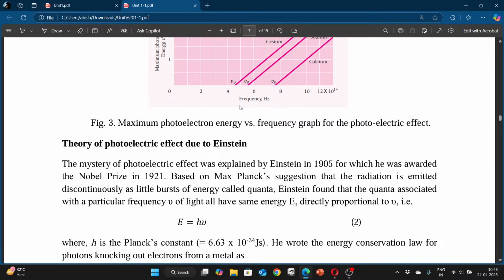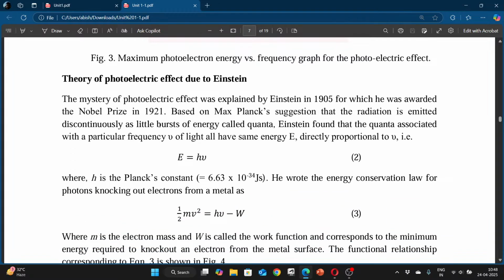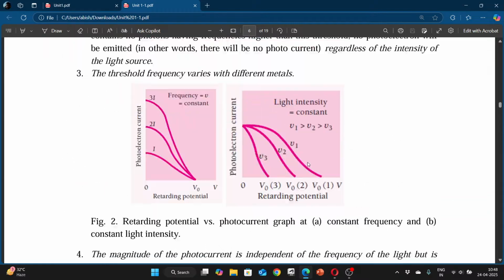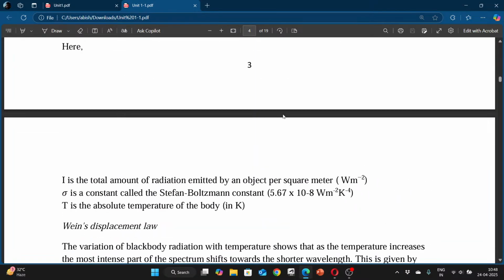Based on Maxwell's suggestion, the radiation is emitted discontinuously as little bursts of energy called quanta. Einstein found that the quanta associated with a particular frequency mu of light have the same energy E proportional to mu, E equals h mu. h is Planck's constant, 6.63 times 10 to the minus 34. You remember this.